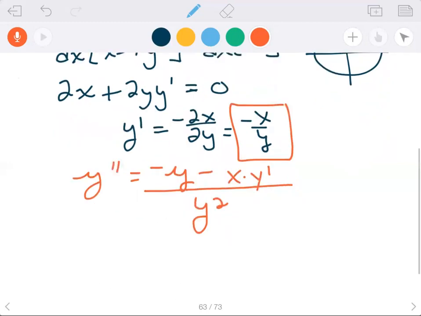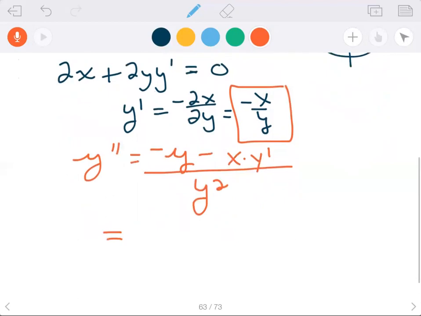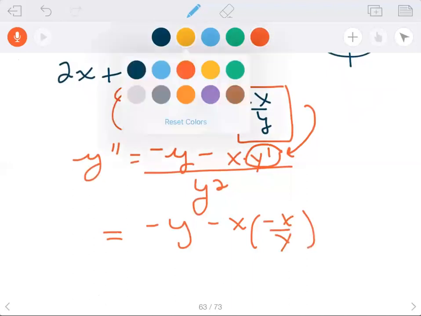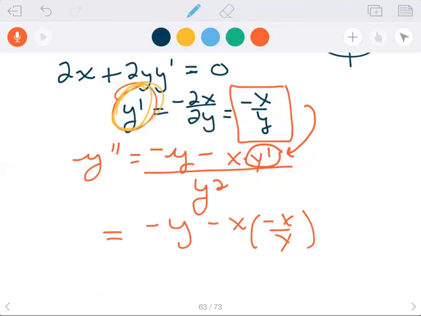Next, I want it implicitly in terms of x and y. So what I'm going to do is take this y prime and put its x-y model in for it. So I'll have the negative y minus x times a negative x over y, because that's what y prime is. So it's just substitution, kind of from algebra 2. I know that y prime is this, so I'm going to put it in for y prime. And then I draw a line and I square below.